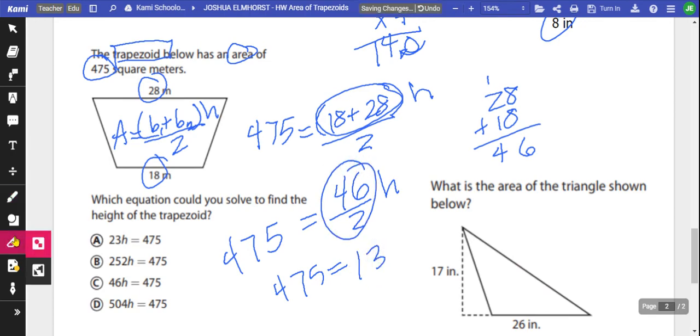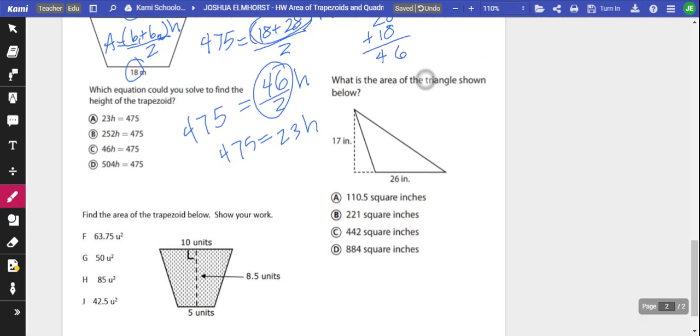46 divided by 2 is 23. Times the height. So base times height divided by 2. So 26. Actually, let's divide by 2 first to make it easier. 26 divided by 2 is 13.